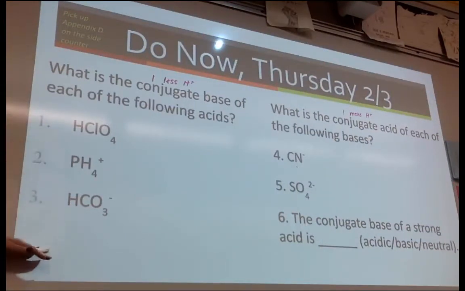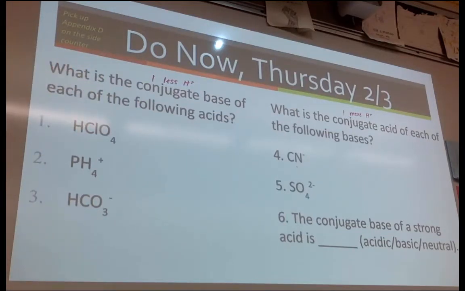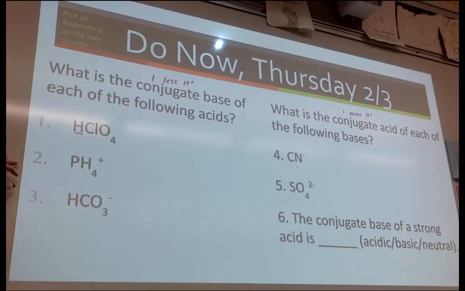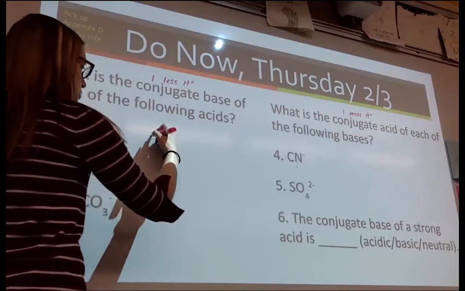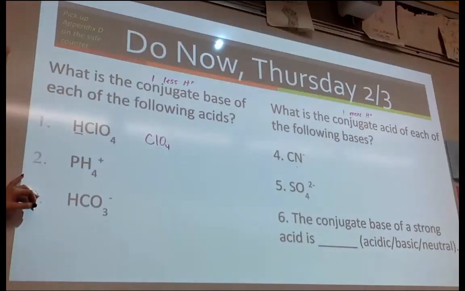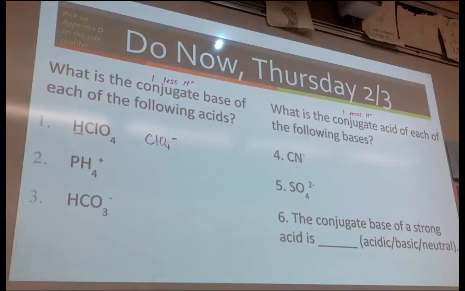So for 1, 2, and 3, we're removing an H+, because the conjugate base is what you get when you remove an H+. So the only H in number 1 is at the beginning. So when we remove the H, it becomes ClO4. But not only are you removing an H, you're removing a +1. Right now, HClO4 is neutral. If you're removing a +1, you're also removing 1 from the charge.